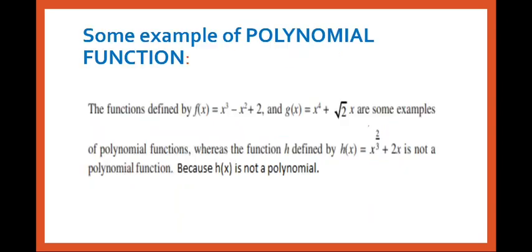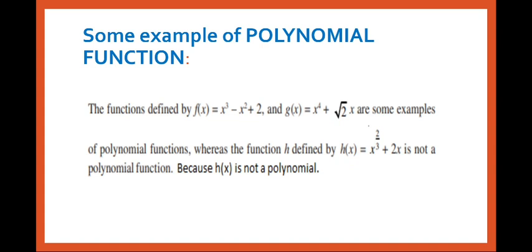Now some examples of polynomial function. The function defined by f(x) is equal to x cube minus x square plus 2, or x to the power 4 plus root 2. These are some examples of polynomial function. But if you take h(x) is equal to x to the power 2/3 plus 2x, it will not be a polynomial function. Why?